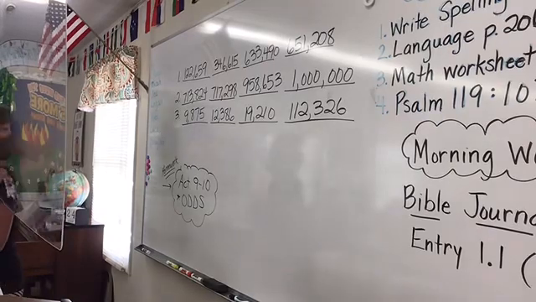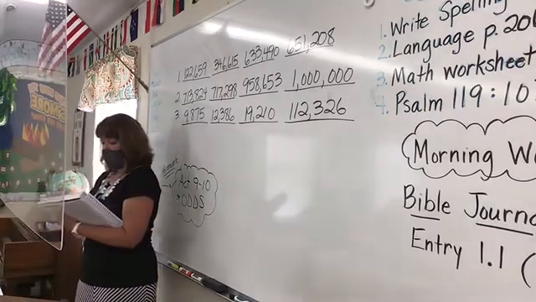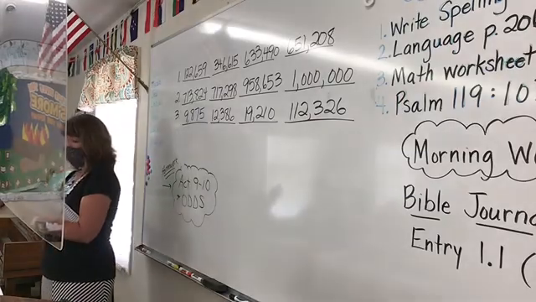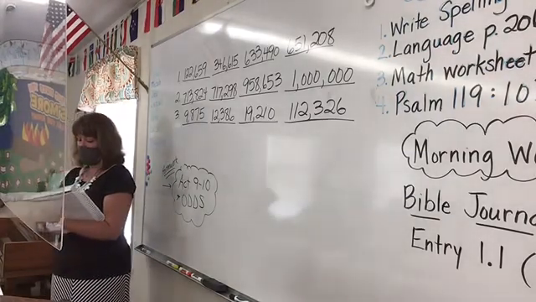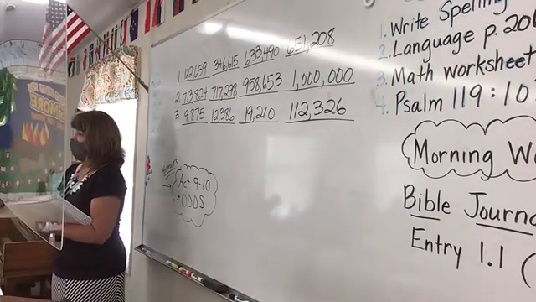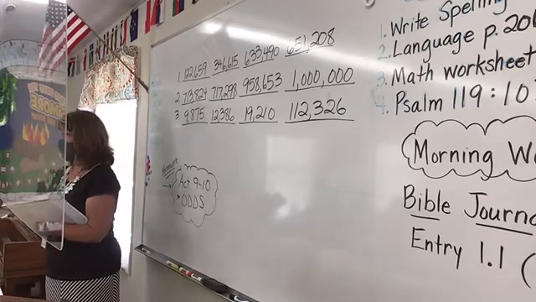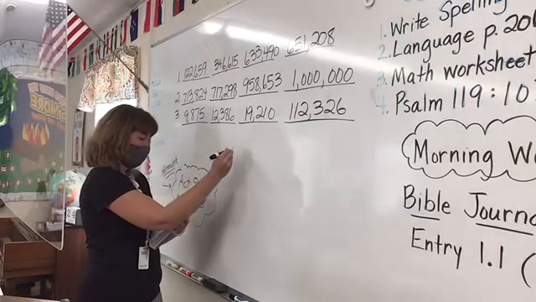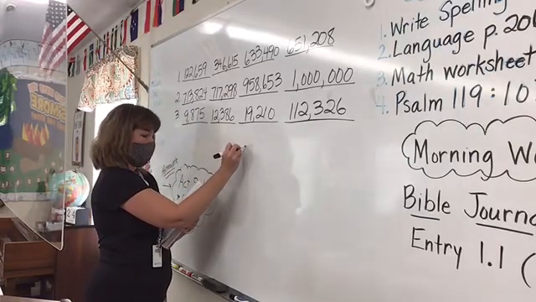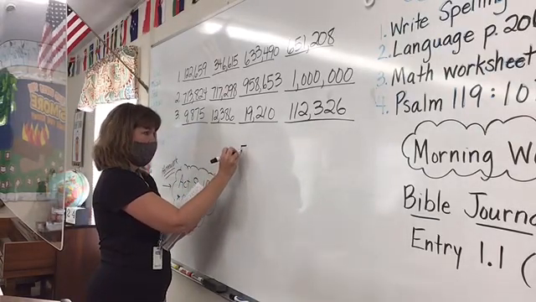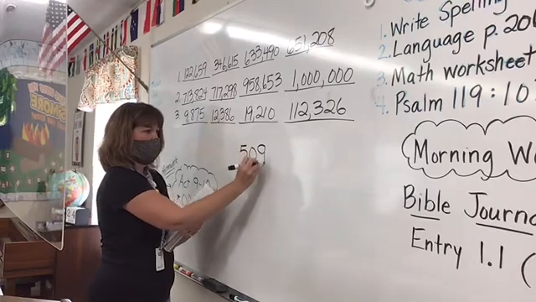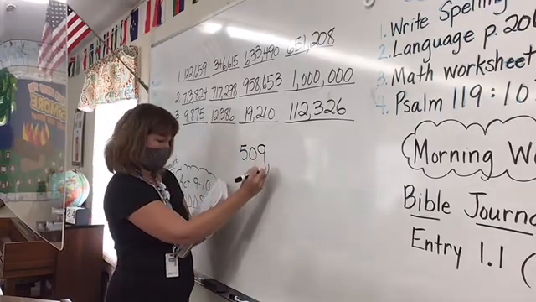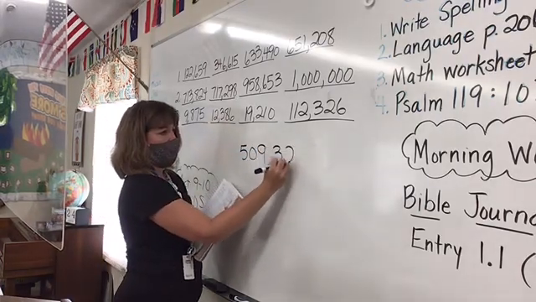So 8, comma, 000. All right, now, who can tell me how to write the standard form for that expanded form number? Mason? 509,327. Okay, so 509,327.